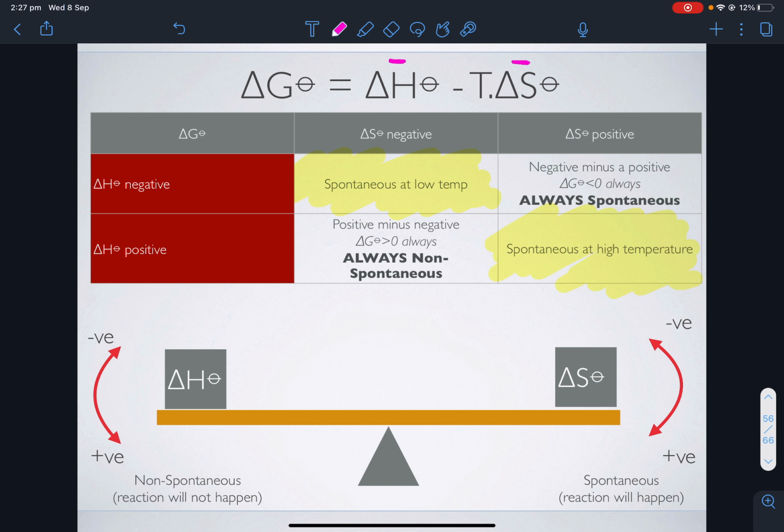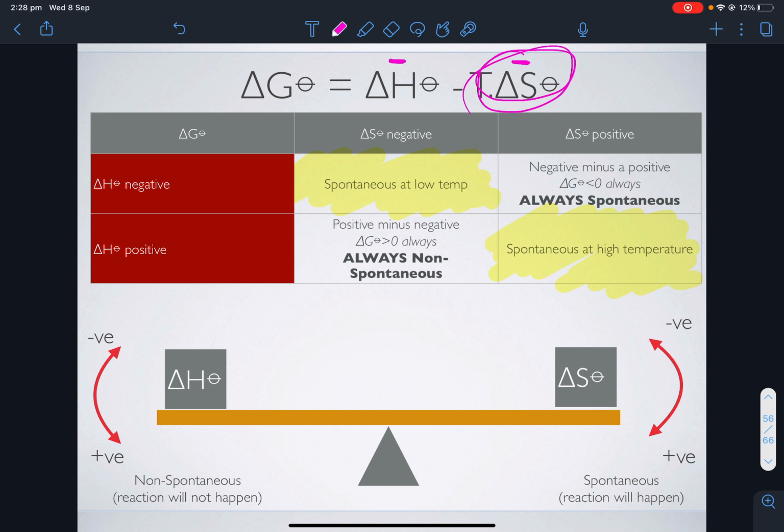Okay, so a negative minus a negative is a negative and a positive. Well, that could be positive. So I'm starting less than 0, and I might not get to 0 if T delta S is really small. Okay, I can't change delta S, but I can change the temperature. So if my temperature is really, really small, this will make this one negligible, and my enthalpic drive will win out.